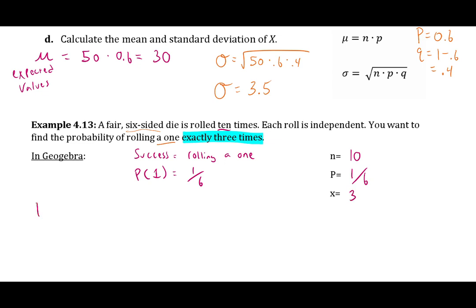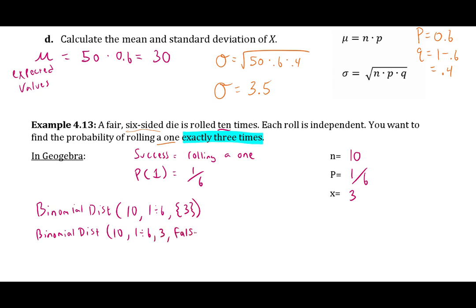So in GeoGebra, we're going to type this in as either binomial dist, open parentheses, 10, comma, 1 divided by 6, comma, curly bracket, 3. Or we could use the binomial dist of 10, comma, 1 divided by 6, comma, 3, comma, false. Either one of those will give us the correct solution.